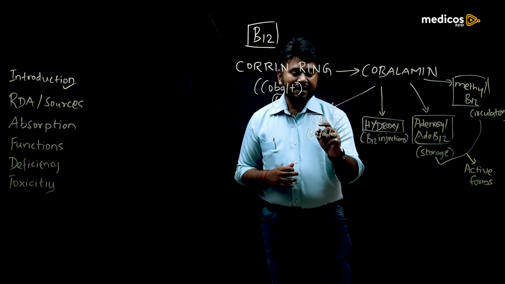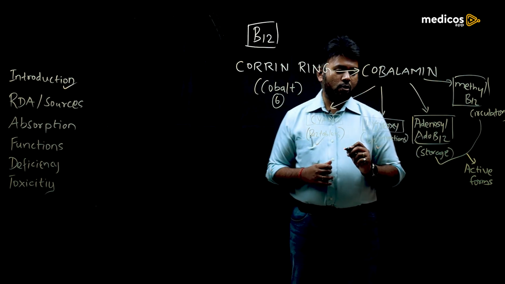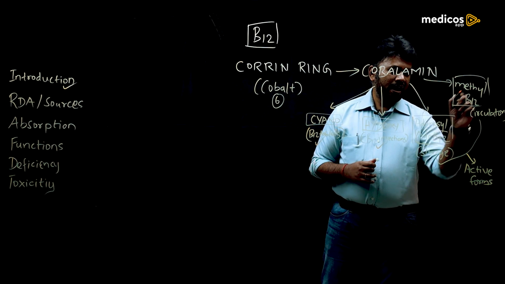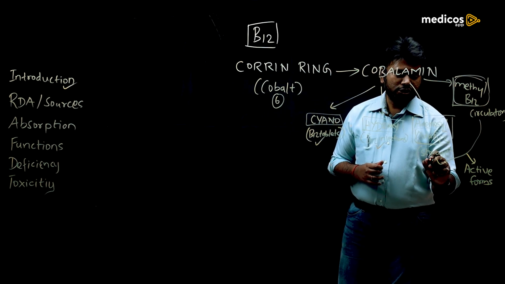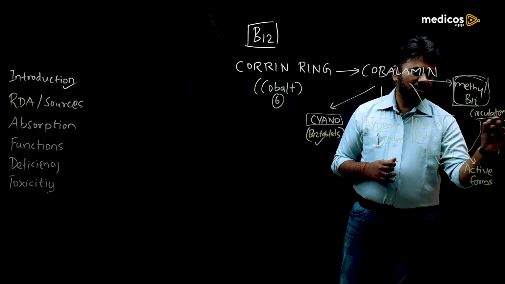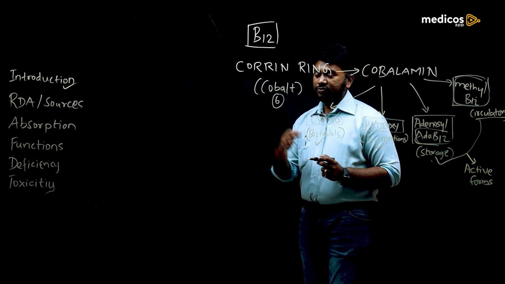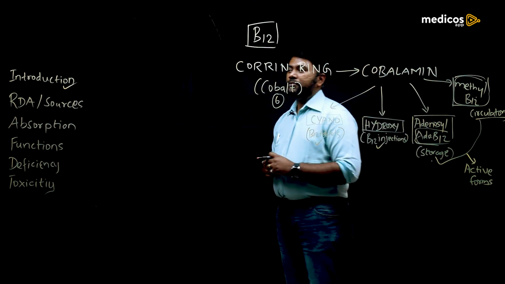If a cyanide group is attached, it is cyanocobalamin. If a hydroxyl group is attached, it is hydroxycobalamin. If an adenosyl group is attached, it is called ADO-B12. If a methyl group is attached, it is methyl B12. Adenosyl B12 is the storage form, methyl B12 is the circulatory form, and these two have important biochemical functions in our body, which we will be discussing later. So these two forms are called active forms.